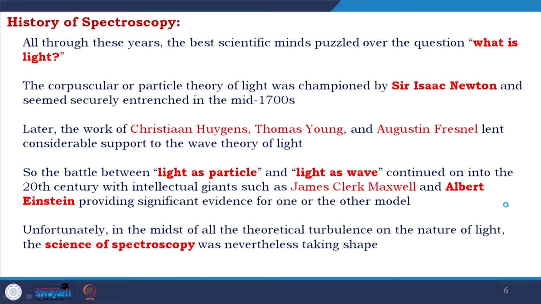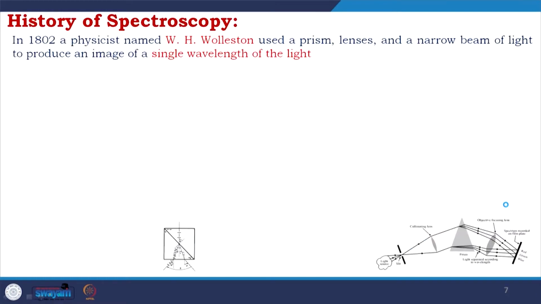It was slowed down. In 1802, a physicist named W. H. Wollaston used a prism, lenses and a narrow beam of light to produce an image of a single wavelength of the light. That is a landmark.